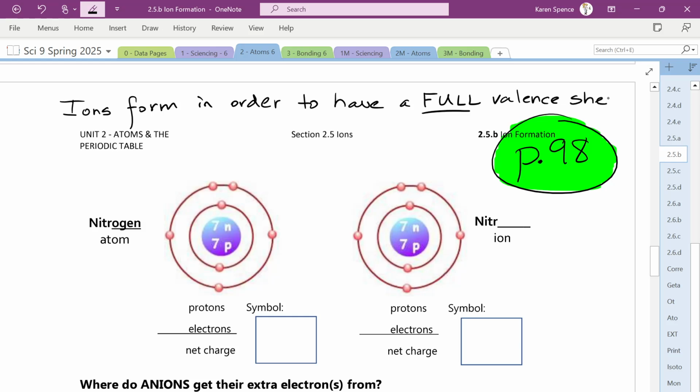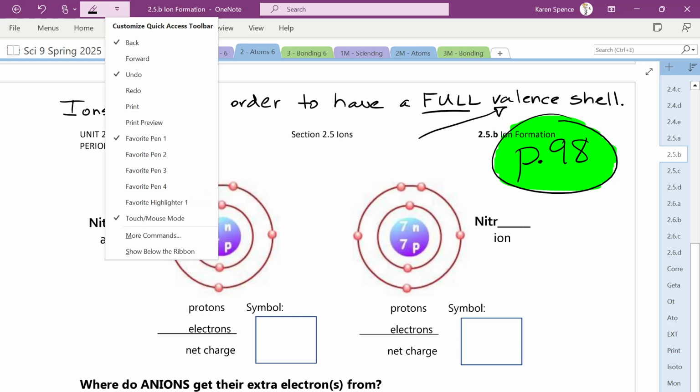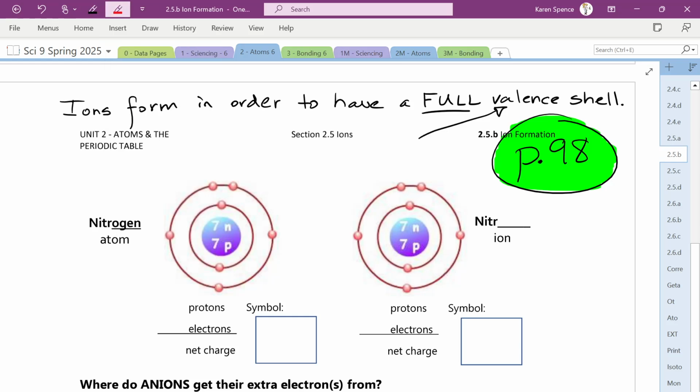What is a valence shell? Starts with an O. Outer shell.